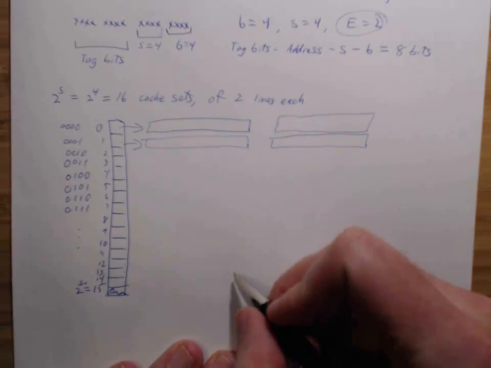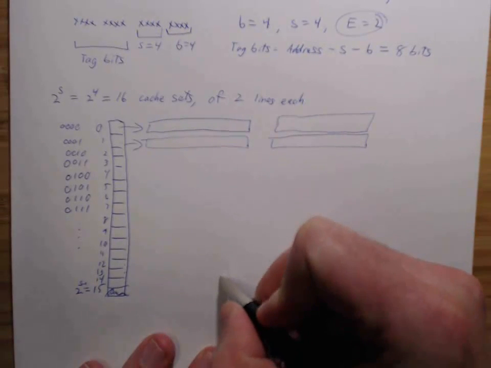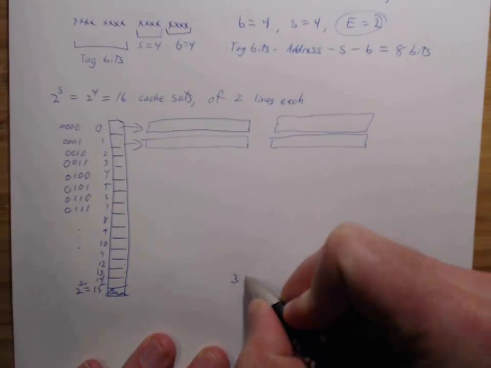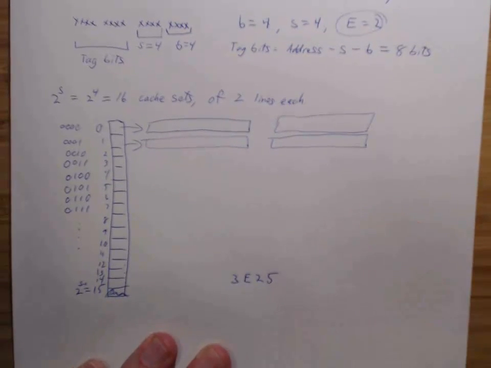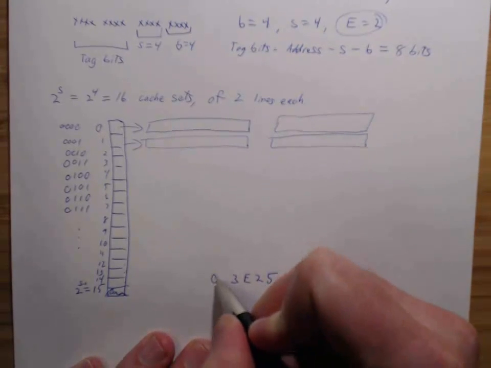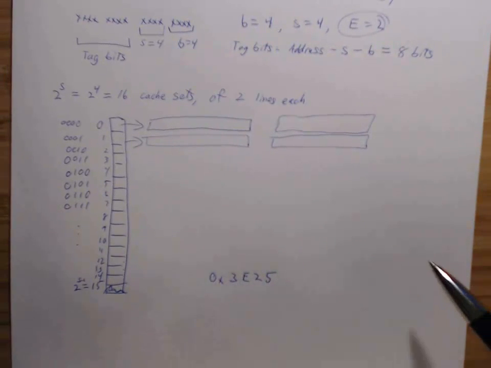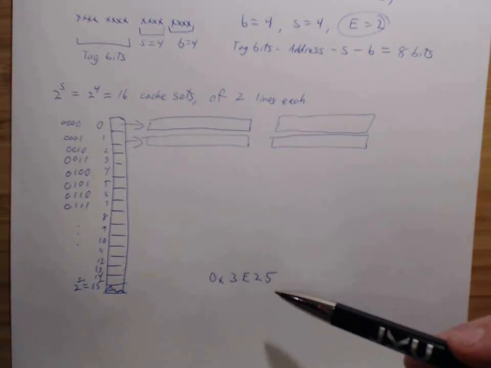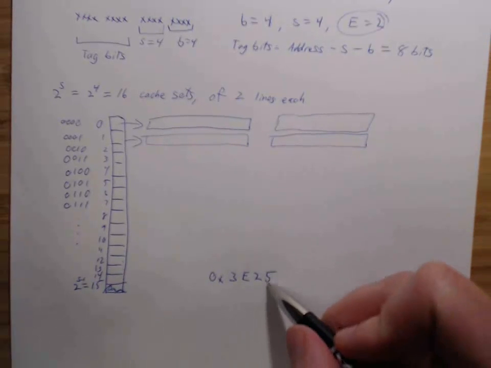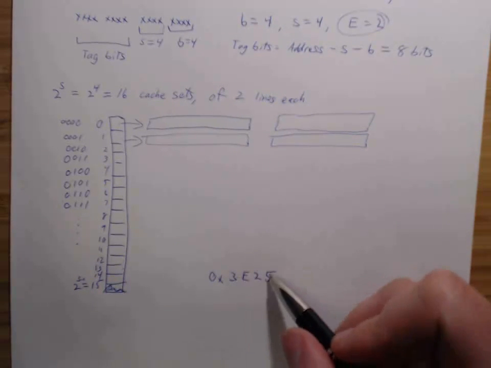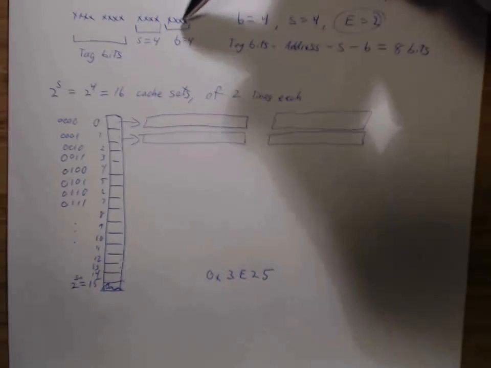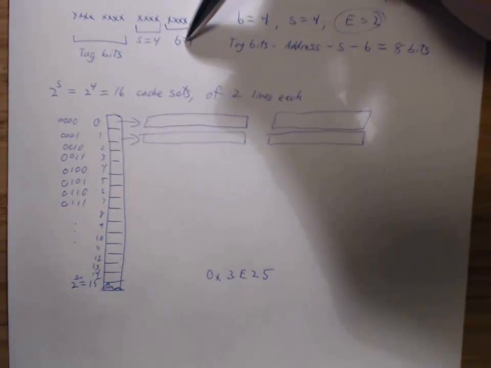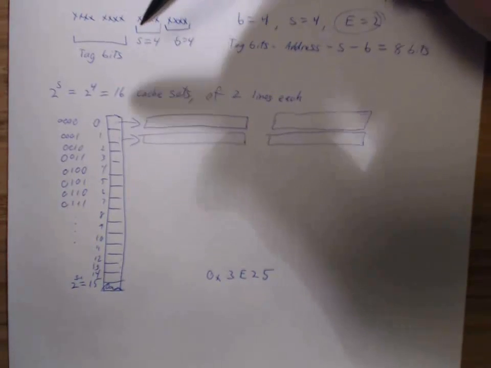So say we have some memory access of 3E25. So all of this is in hexadecimal, and because I've constructed this example on purpose, each of these hexadecimal digits corresponds to 4 bits, which happens to be the same size as our block offset and our set size.